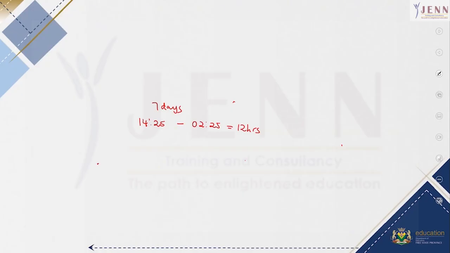It's going to be 13:50, I'm writing it in 24-hour format, minus 2:25 in the morning. So 50 minus 25 is 35. Then 13 minus 2 will be 11.